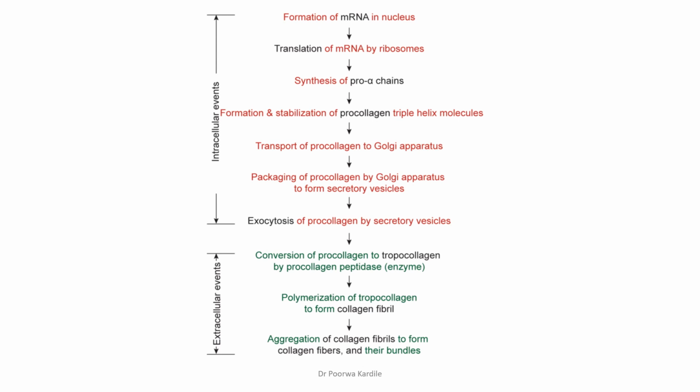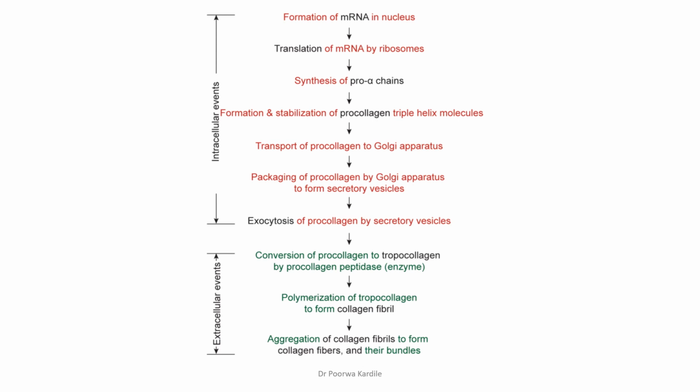So it is a triple helix molecule, and the procollagen is then transported to the Golgi apparatus, and packing of procollagen occurs in the Golgi apparatus, and it will form the secretory vesicles. All these steps occur inside the cell.